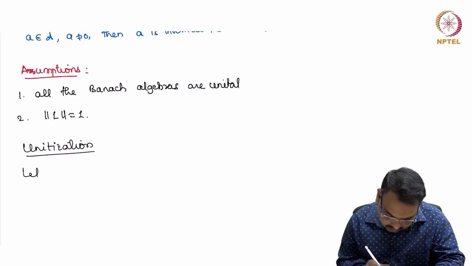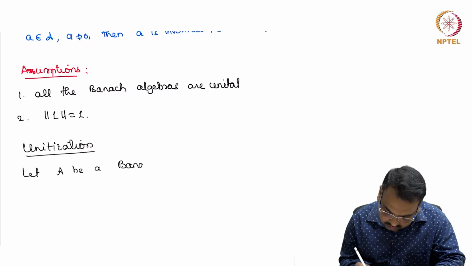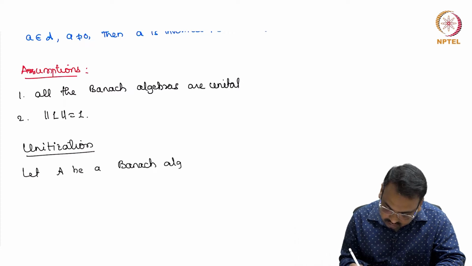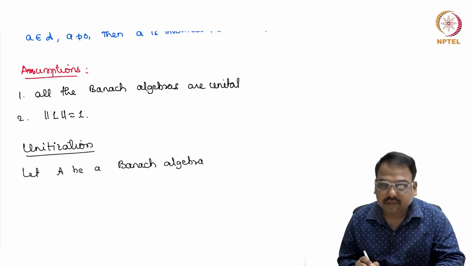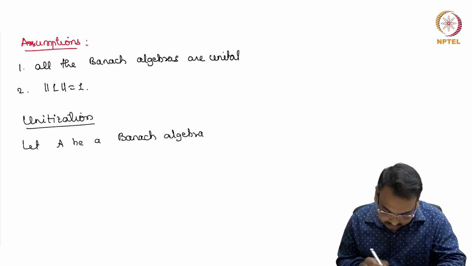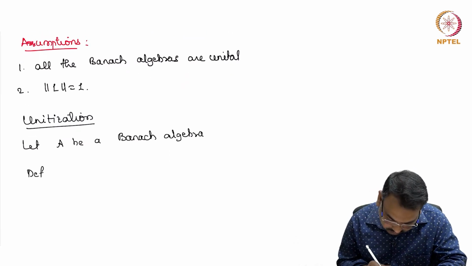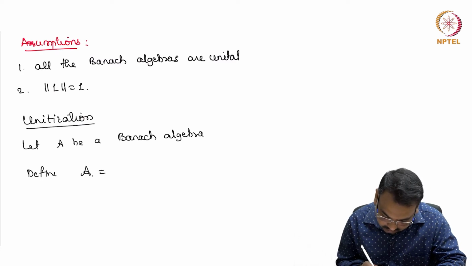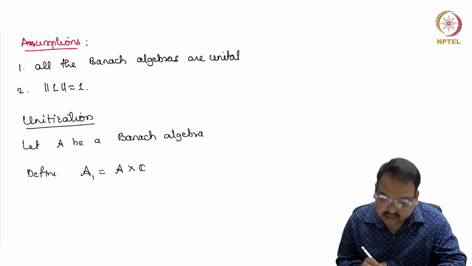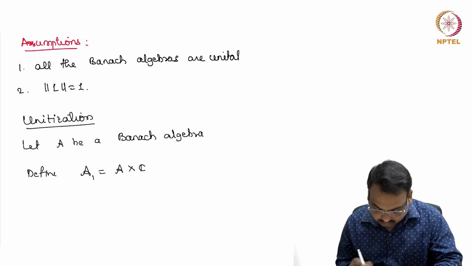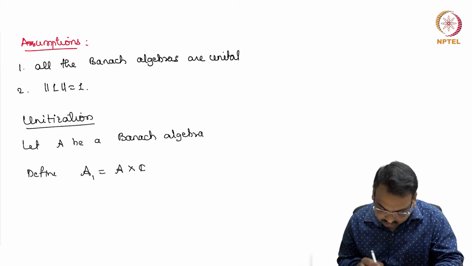Let us take A to be a Banach algebra. Define A1 as A cross C. Now we want to make this a Banach algebra.